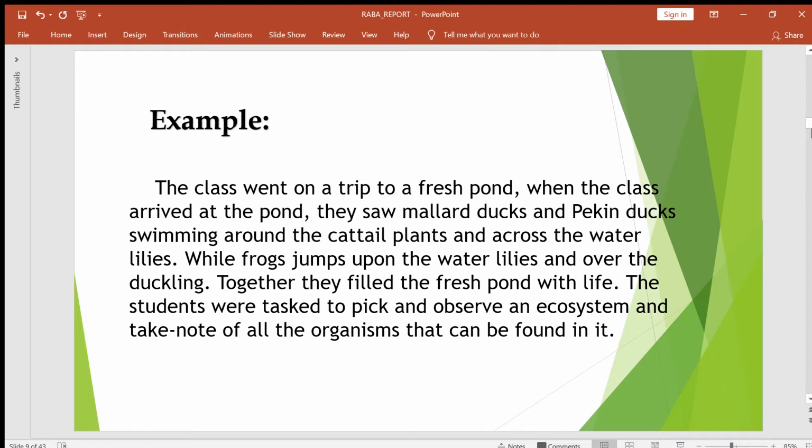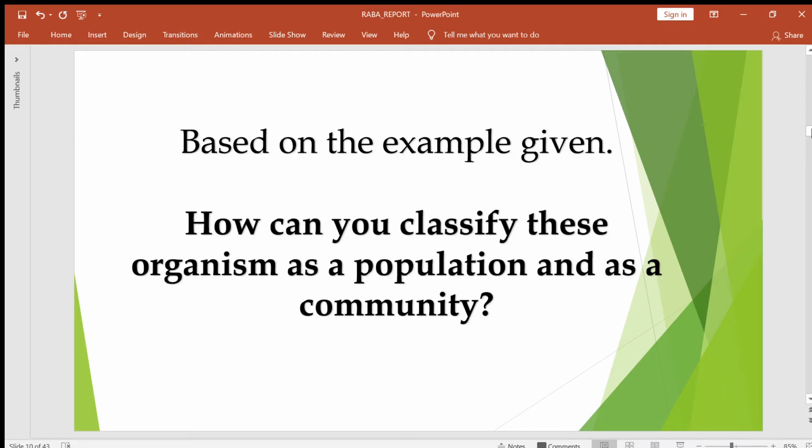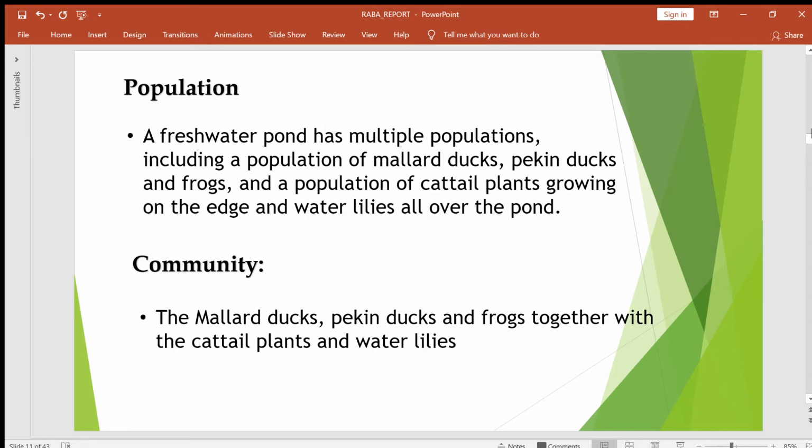The students were tasked to pick and observe an ecosystem and take note of all the organisms that can be found in it. Based on the given example, how can you classify these organisms as a population and as a community? Population.